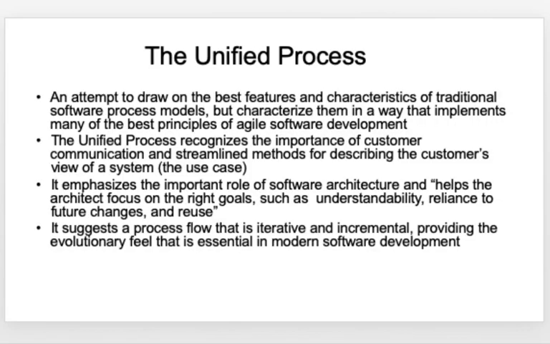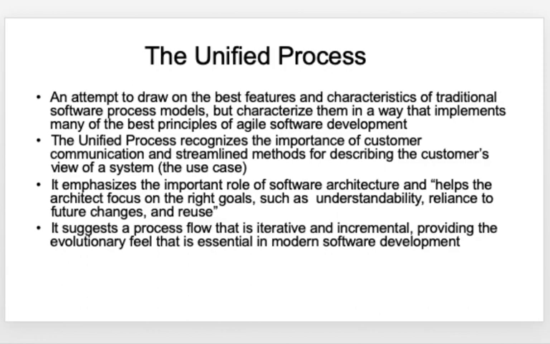The unified process model basically uses the best features and characteristics of the traditional process models, but also implements the best principles of agile software development.